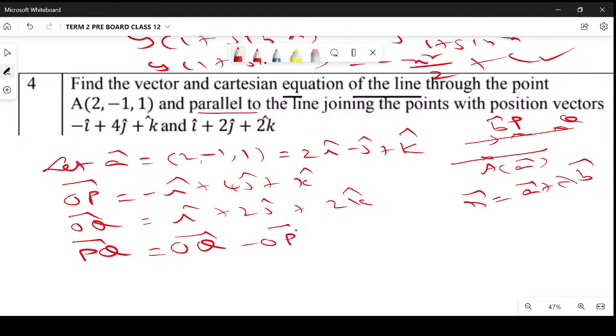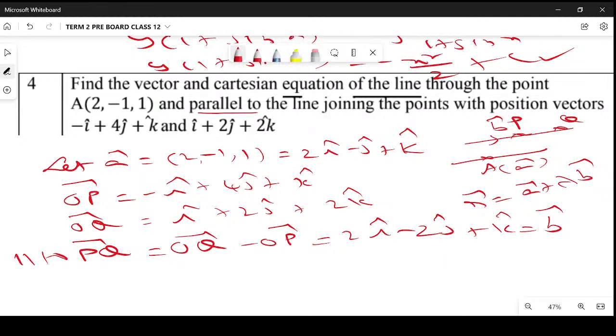I have taken position vectors, you take the difference: i cap minus (minus i cap) gives 2 i cap, 2 j minus 4 j gives minus 2 j cap, and 2 k minus k gives plus k cap. This is PQ bar. So the given line passing through A is parallel to PQ bar, so this is nothing but B bar.